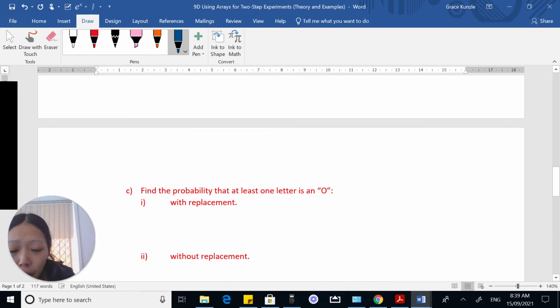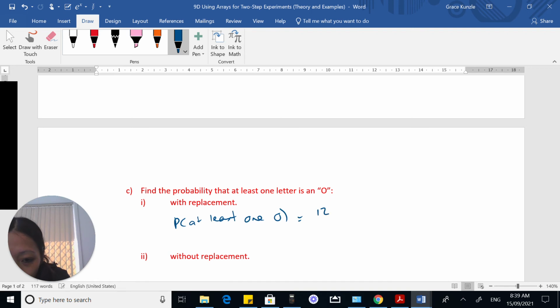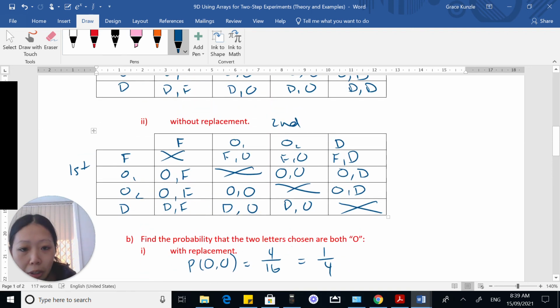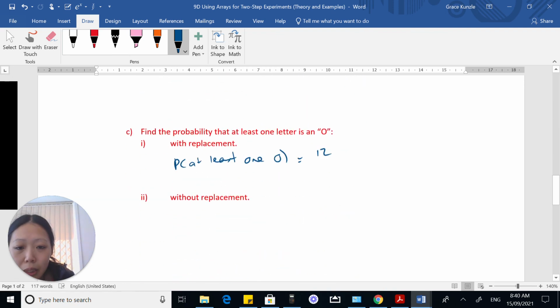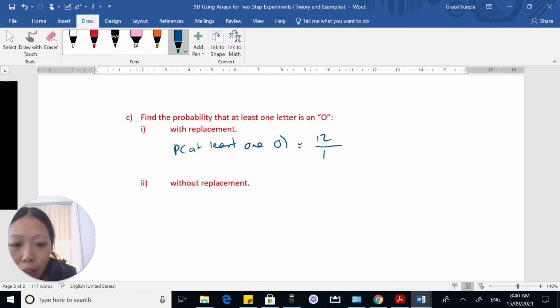So there are 12 outcomes with at least one O, so P(at least one O) is 12 out of 16. So there's still the same number of outcomes in the sample space. Once again, I can simplify this, and I should be simplifying this, and it's 3/4.